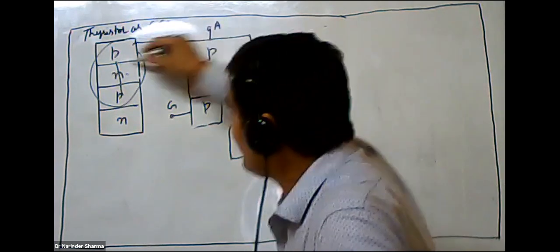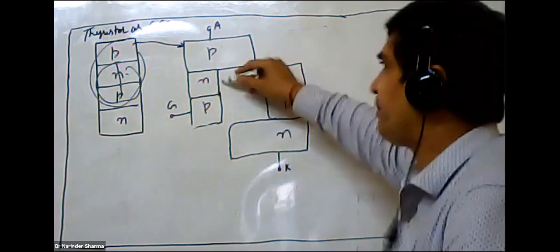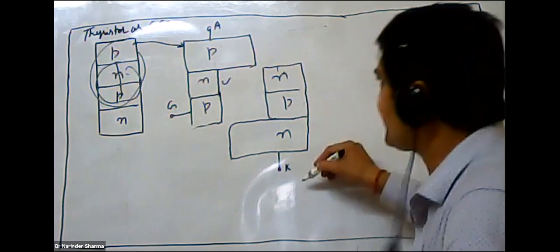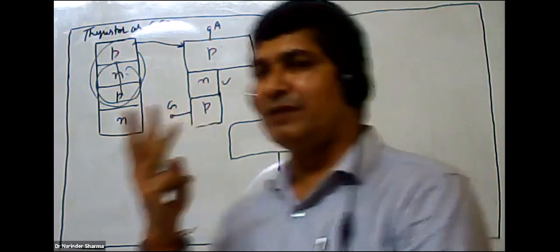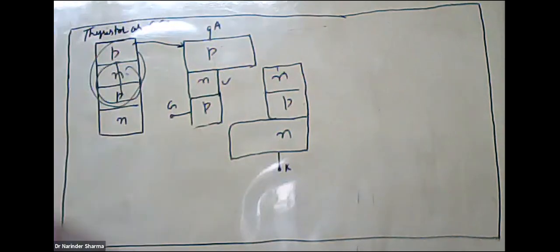This P is here, this N and P is half separated, and this is the N. So there are three terminals in the SCR.